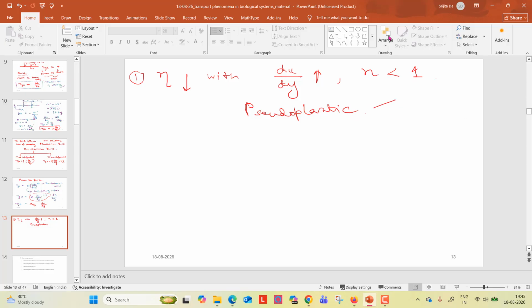The example is polymer solution. They are also called shear thinning fluid. Okay.